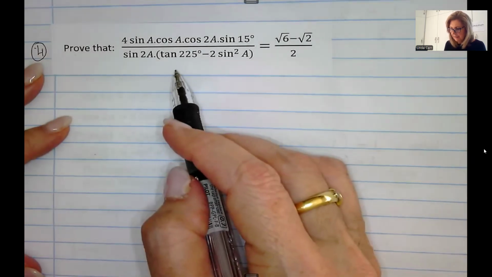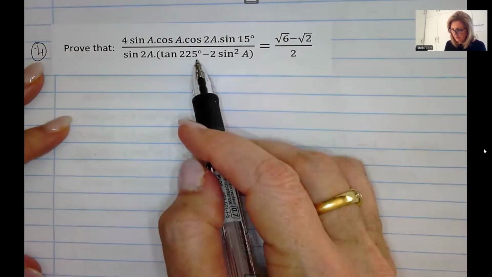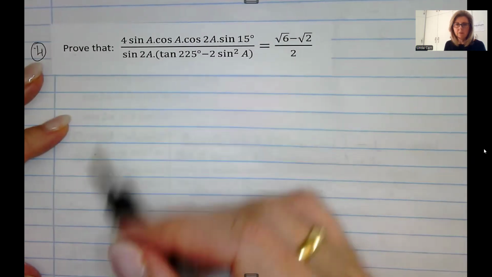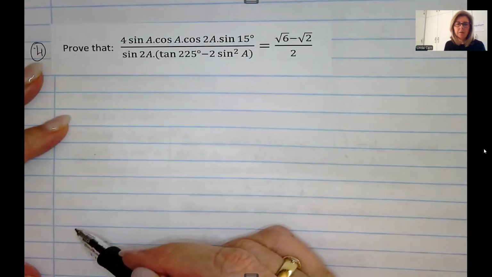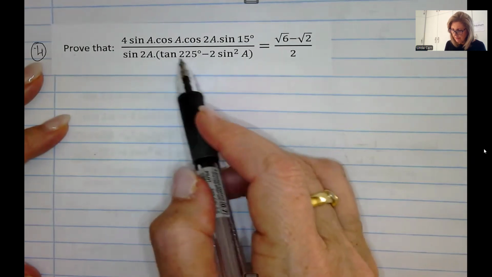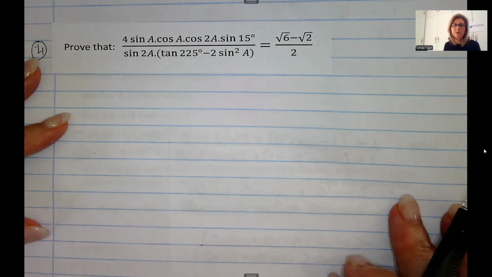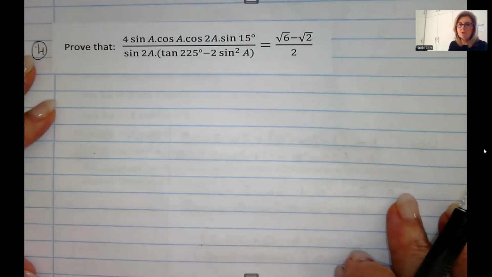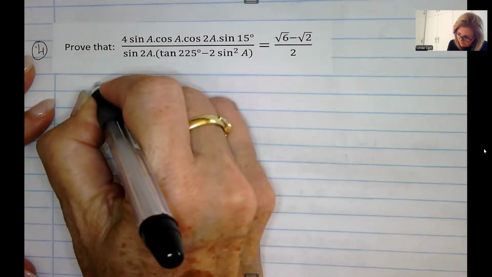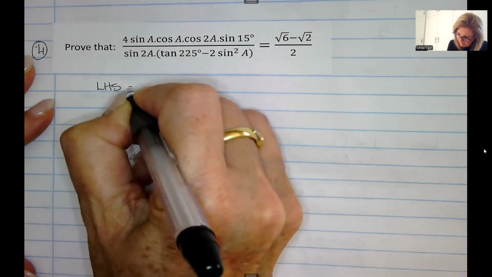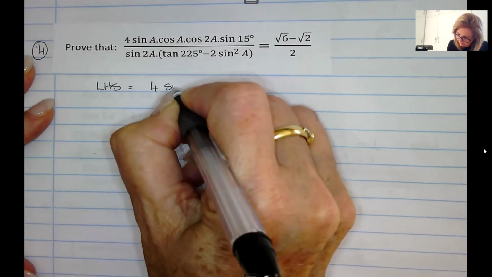And I'm likely to focus on my double angles. And I'm also going to focus on numerical angles that are bigger than 180. Okay, so I'm not going to mess much with the top at the moment. I'm going to leave the numerator just as it is.